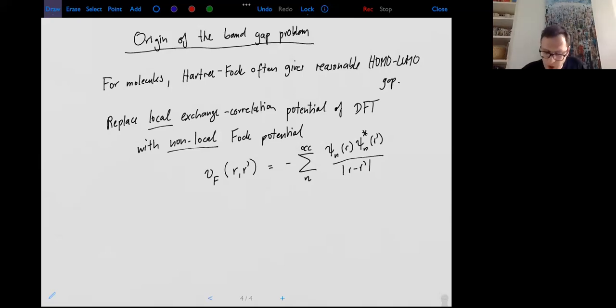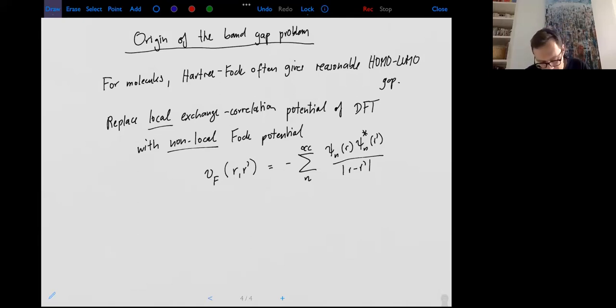That's of course a much more complicated object than the local exchange-correlation potential that we use in DFT. If you ever try to run a Hartree-Fock calculation or a hybrid DFT calculation, you know that these calculations typically take much longer, and the reason is that we have to deal with a non-local operator here.